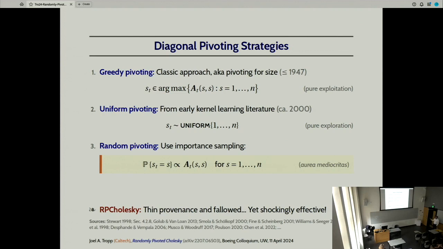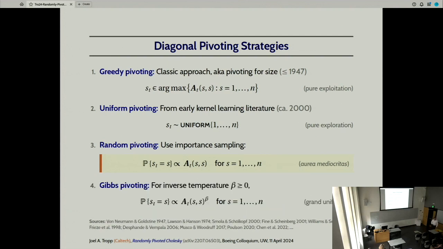Okay, one other quick comment before we continue. I want to talk about what this method does and show you some examples. It turns out these methods are actually all part of a family, which is called Gibbs pivoting. So you could also imagine sampling a new column to eliminate in proportion to a power of the diagonal entries. The power beta is called the inverse temperature.